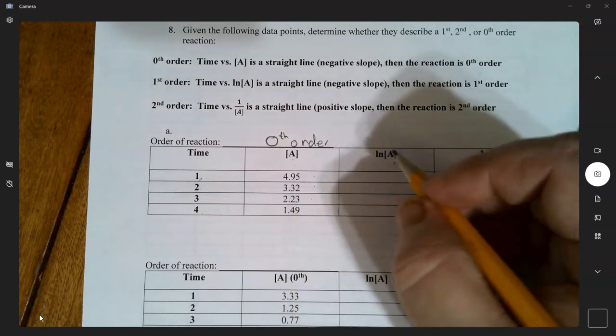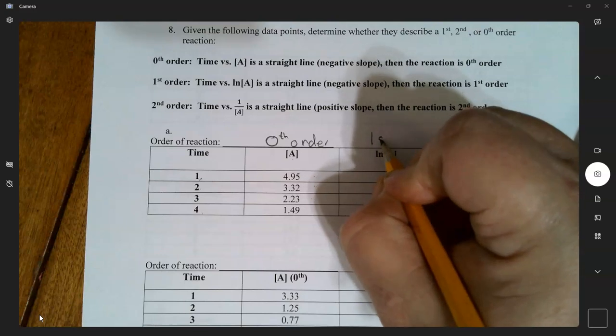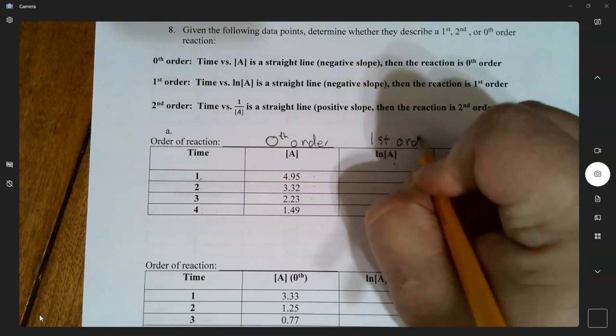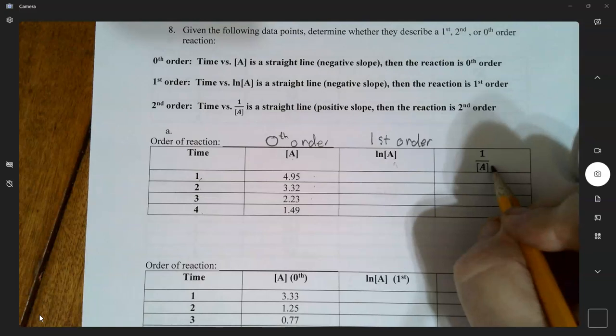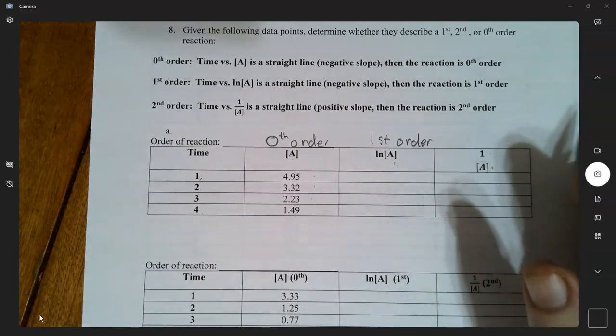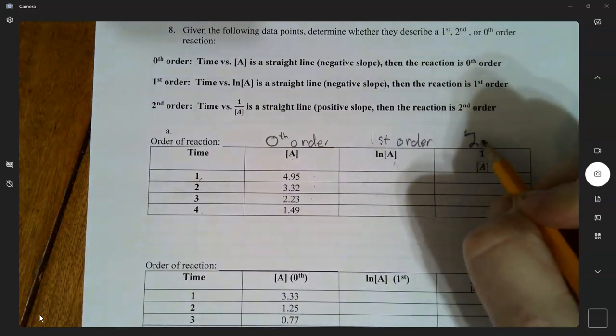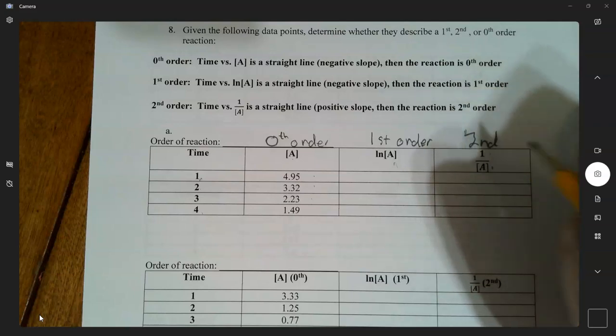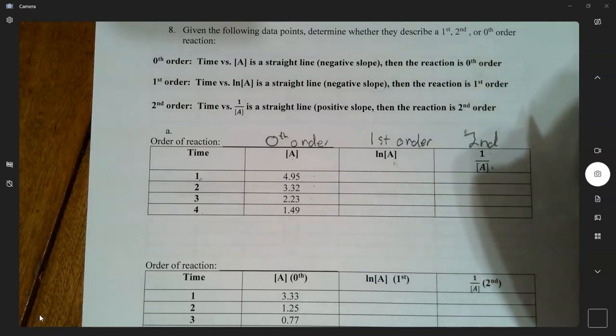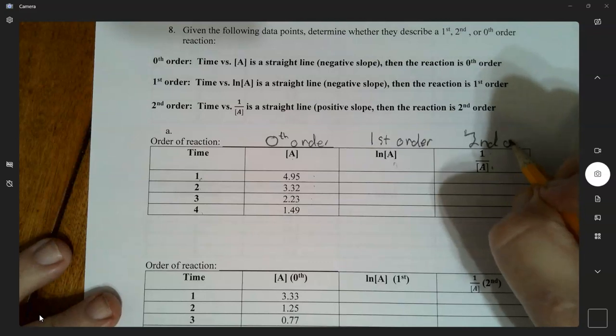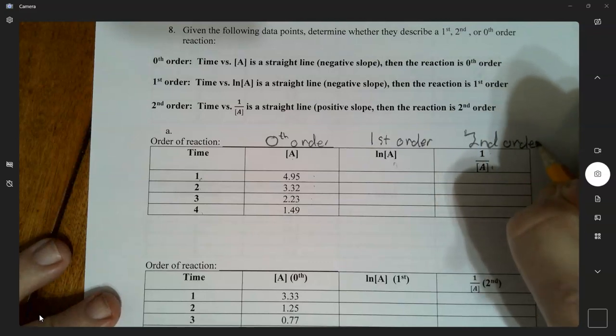This is first order because it's a function of natural log. And this is second order. It's 1 over the concentration. So what you do is you do these. It's a little bit of arithmetic, crunching your calculator until you find the one that it is, okay?